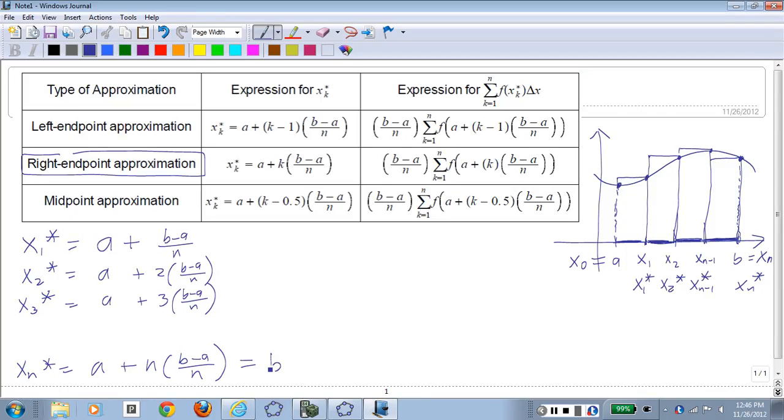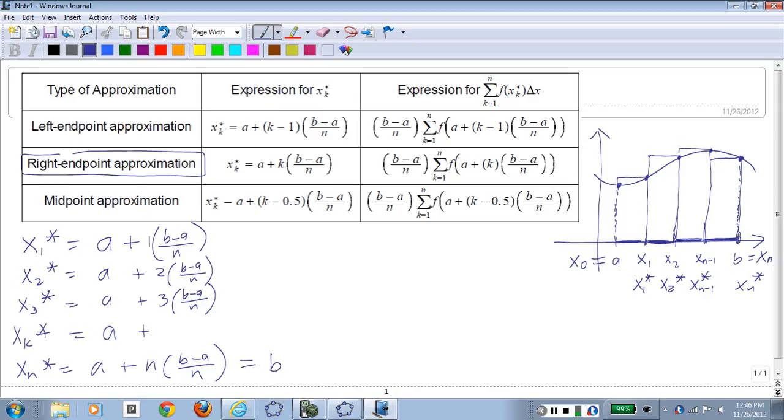Okay, so I need an expression for X sub K star. Well, that's easy. X sub K star equals A plus, well, if it's 1, then there was a 1 there. If it's 2, there's a 2. If there's 3, there's a 3. Not a tough pattern here.